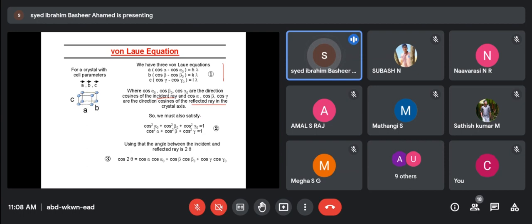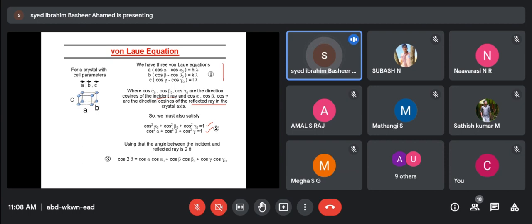We must also satisfy cos square alpha 0 plus cos square beta 0 plus cos square gamma 0 is equal to 1, and likewise cos square alpha plus cos square beta plus cos square gamma is equal to 1.